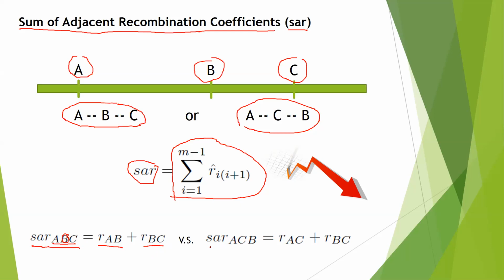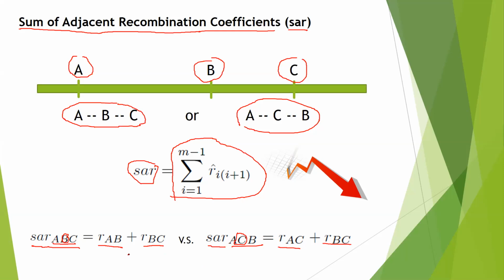If we want to calculate the SAR for this order, ACB, C is in the middle, the same thing. So we can add up these two recombination frequencies, RAC and RCB actually. Is that clear? So this is the definition.